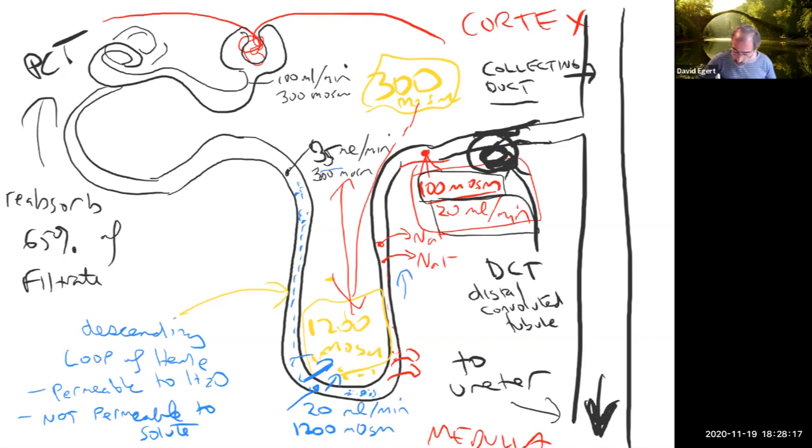There's about 20 mils per minute entering into the collecting duct here, which means if you did not reabsorb any more of the water, you would have a large volume of pee. So we can pull more water back into the body here.